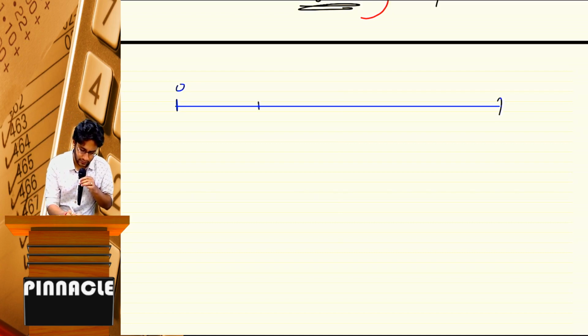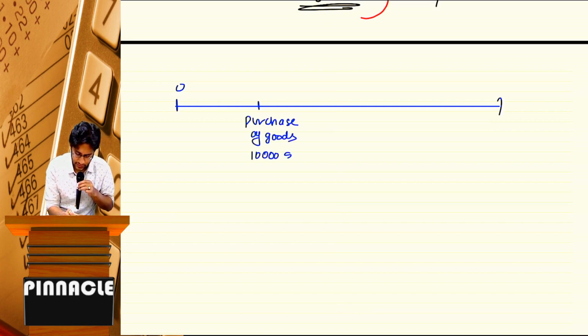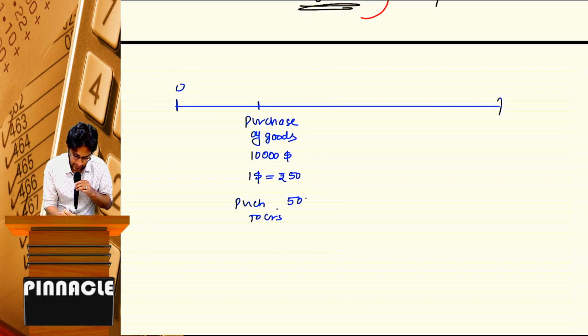During the year, you made a purchase of goods, $10,000 worth, when $1 is equal to, let us say, 50. So you would have recorded the entry of purchase account debit to creditors at what value? 5 lakhs.